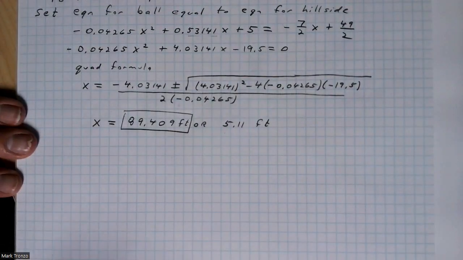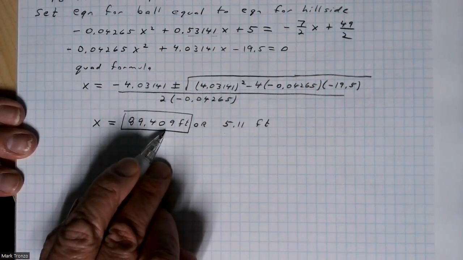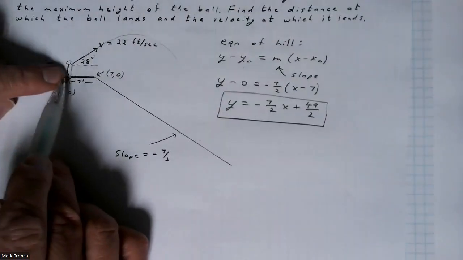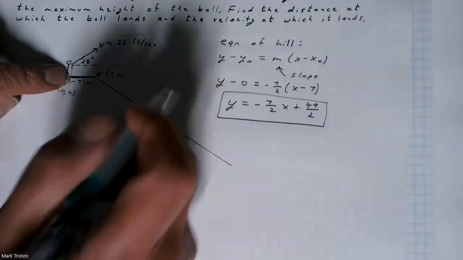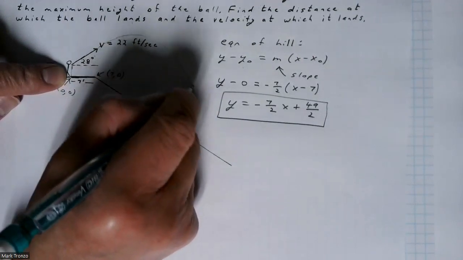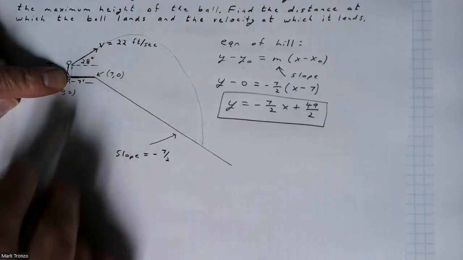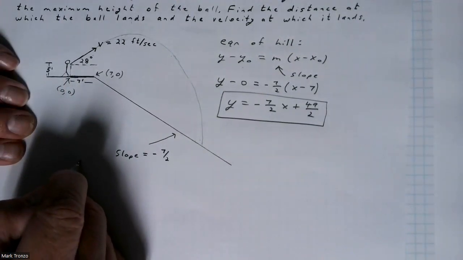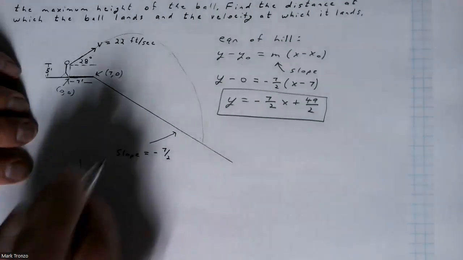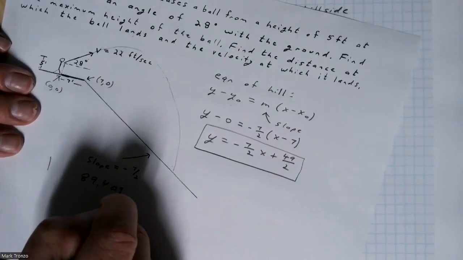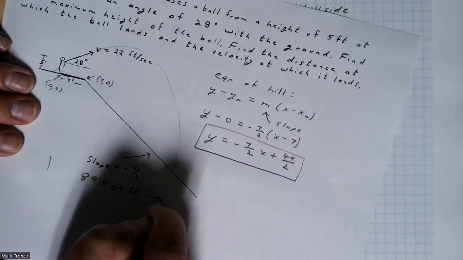And the question is then, what's going to be the y component when that hits? So remember what this is here. This 89 is going to be the distance from here over to here, wherever it lands. This is going to be 89 feet. Let me put that maybe down here. So this is going to be like 89.409 feet. Like that.